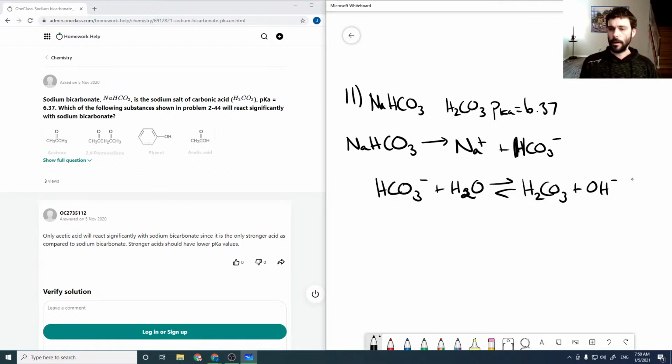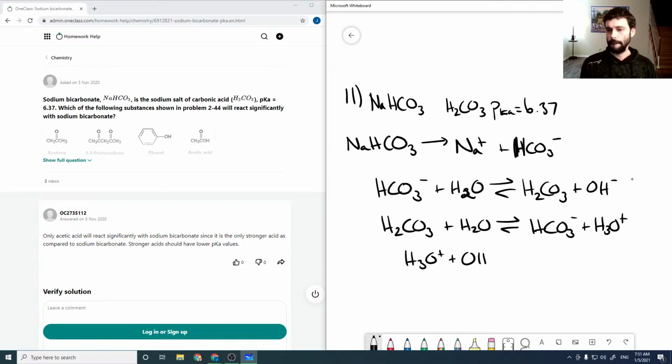And our H2CO3 is going to want to react to form HCO3 minus plus H3O plus, and our H3O plus is going to want to react to form water.